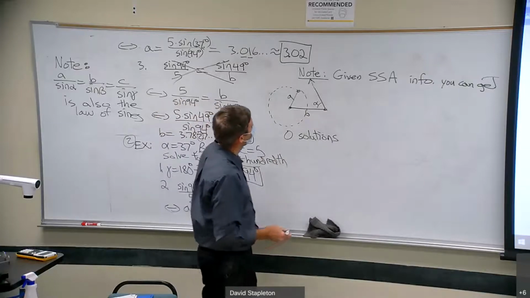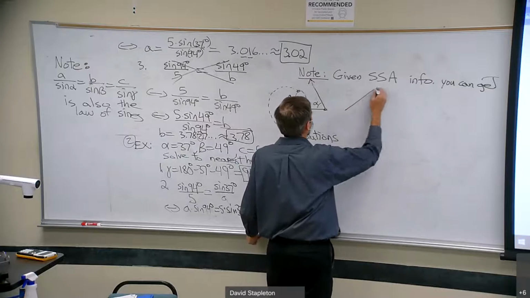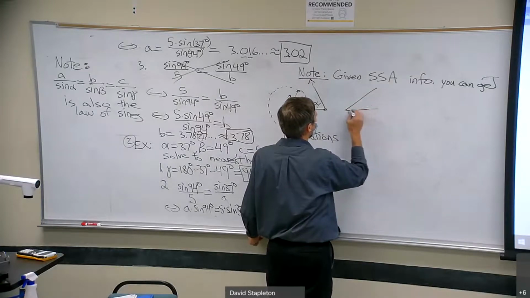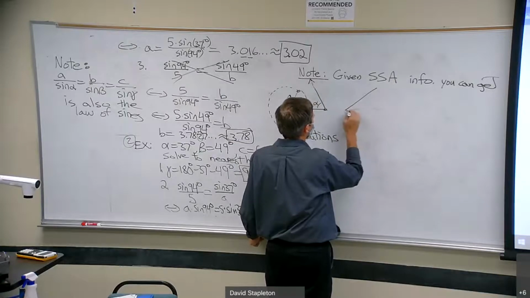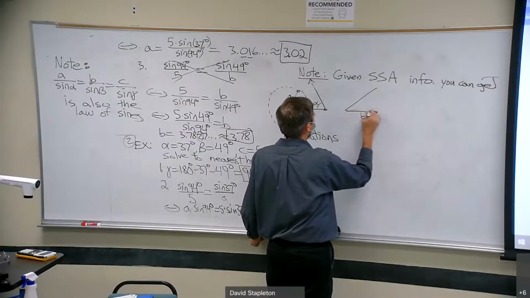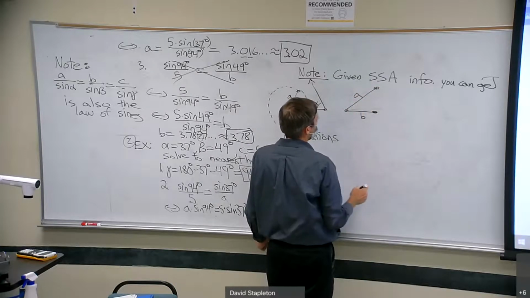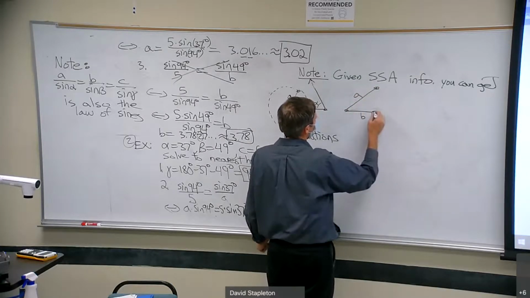On the other hand, if you make side A longer than side B, like this, suppose you're given A, B, and alpha again. So you have this length and this length, and this time A is the longer side. It doesn't matter what angle you put here, there's always one solution.